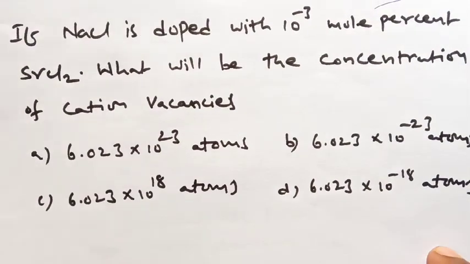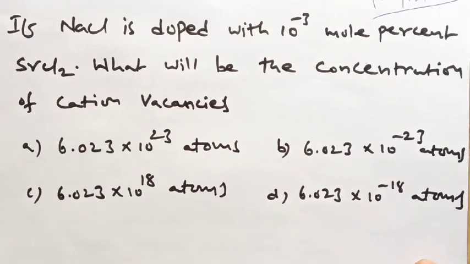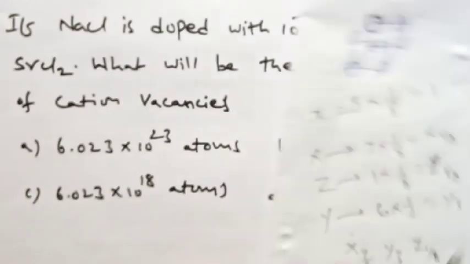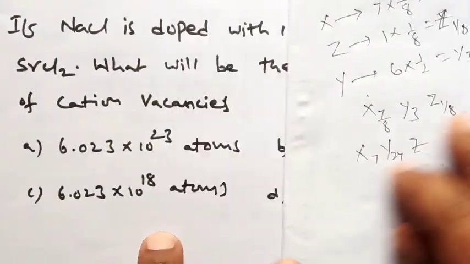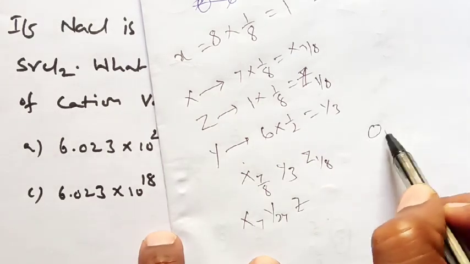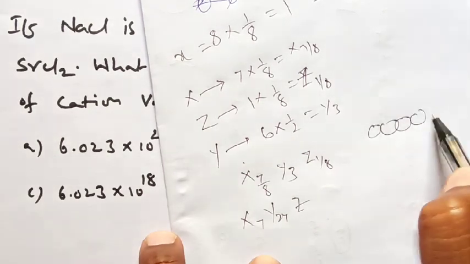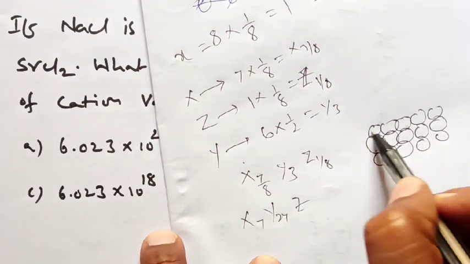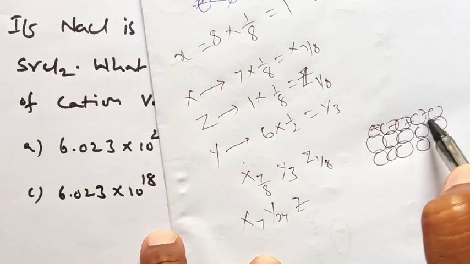This is also one of the important models. If NaCl is doped with 10 power minus 3 mole percent SrCl2, what will be the concentration of cation vacancies? Doping. Generally, if you take the NaCl crystal, it is Na plus Cl minus, Na plus Cl minus, like that, alternating plus minus.